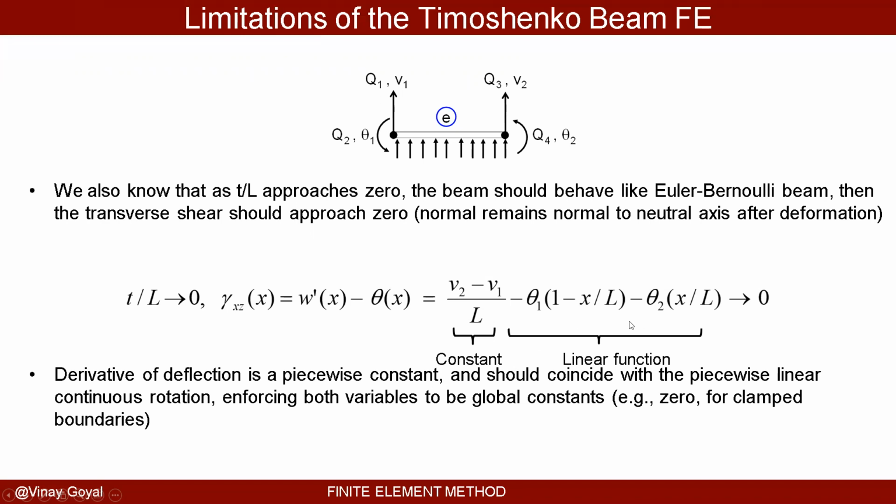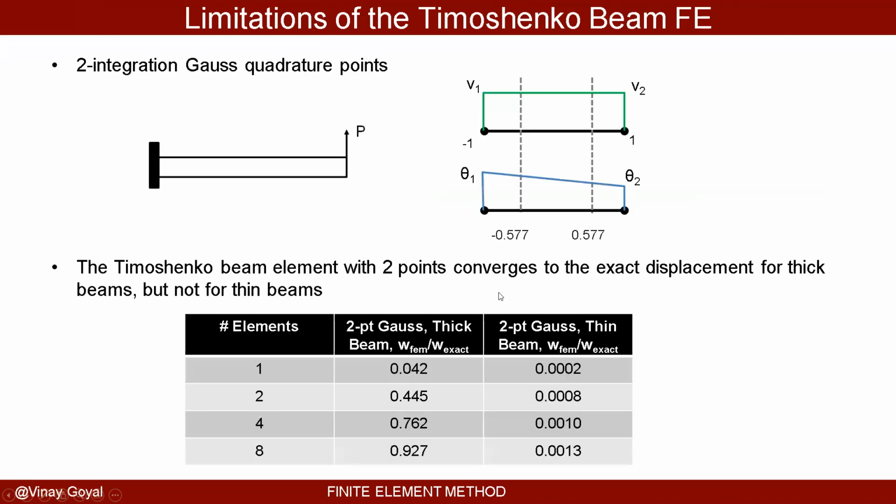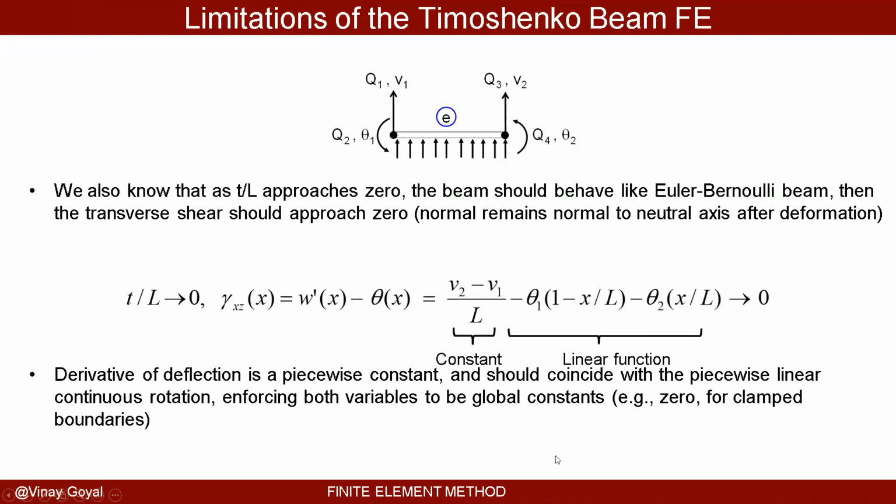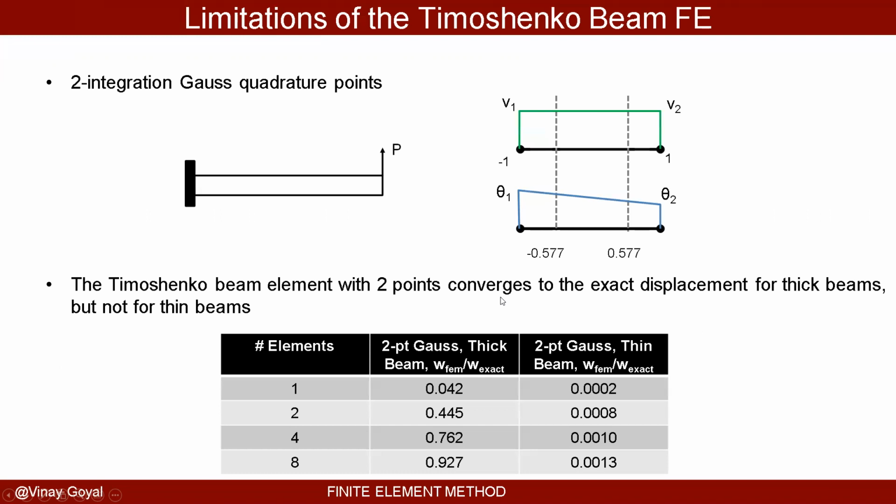And so that enforces both variables to be global constants, meaning I get zero here and zero here, basically. In other words, I'm getting no deflection because V1 and V2 represent the deflections. And that's why you see that for thin beams, it's not deflecting because it's forcing V1 and V2 to be zeros. So that is what is going on here.